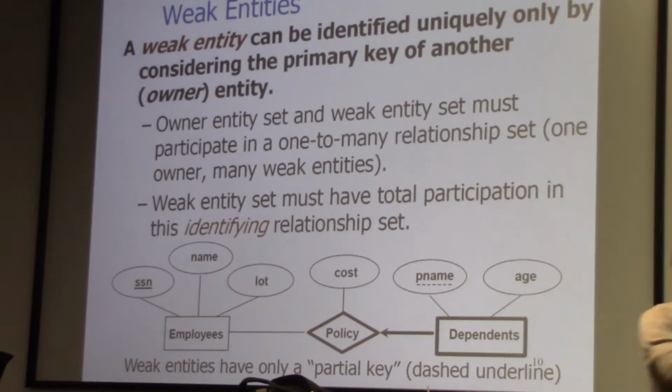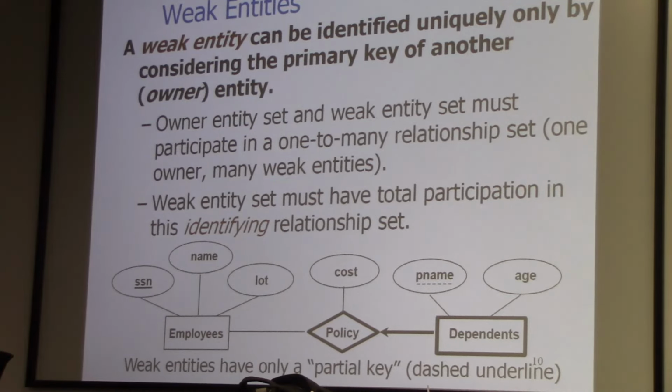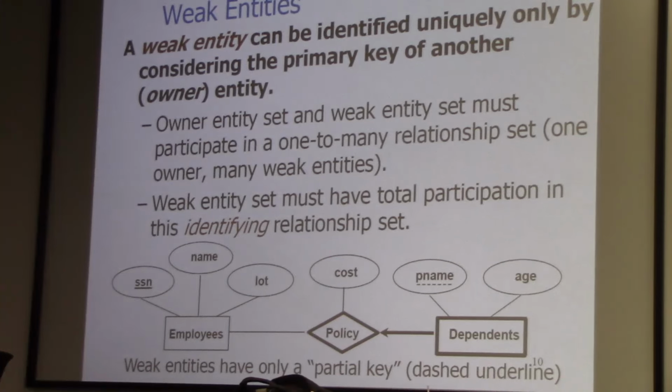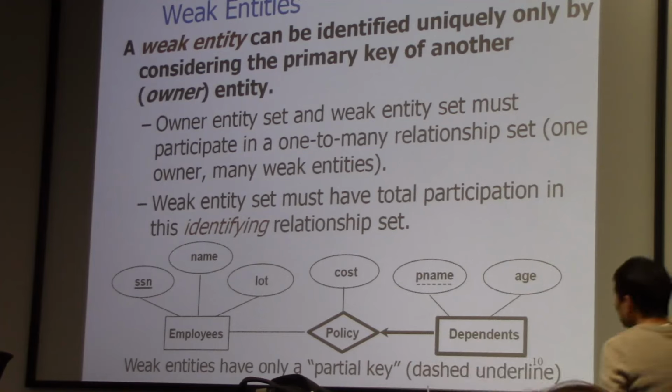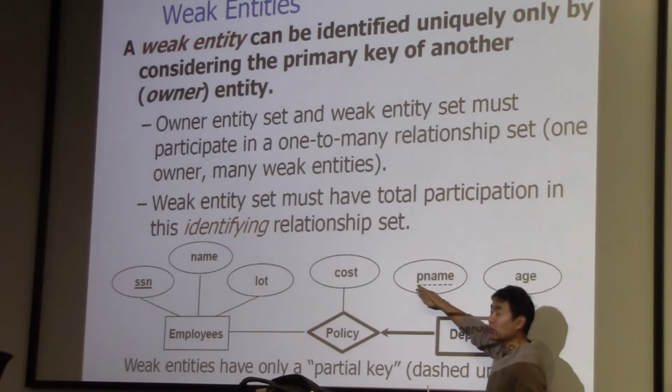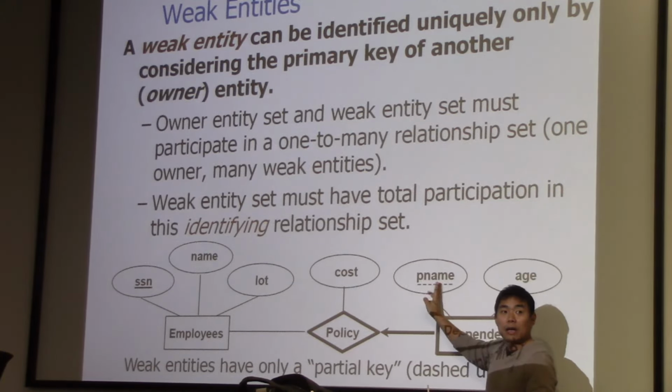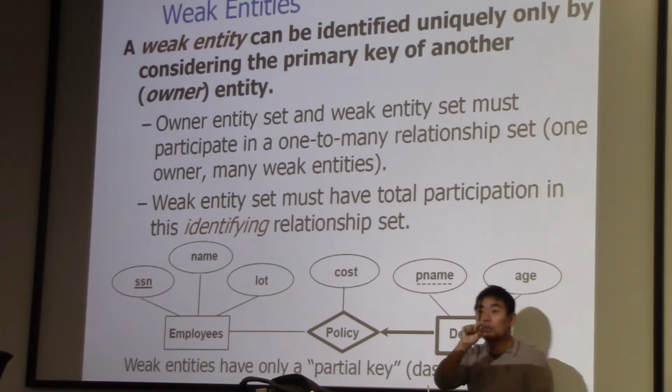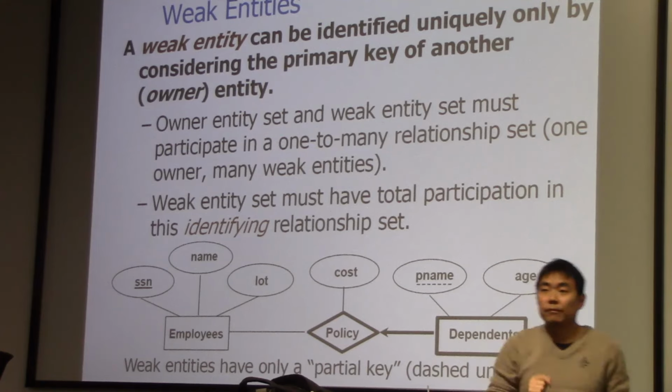So in other words, there must be a one-to-many mapping from owner entity set to weak entity set. Furthermore, you only care about a weak entity, for example a dependent, if it solely depends on an owner entity. Meaning, as soon as a weak entity no longer depends on that owner entity, you don't care about that weak entity anymore. In other words, you cannot have a weak entity that has no owner entity.